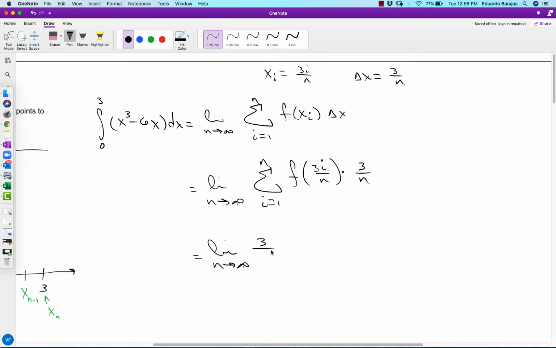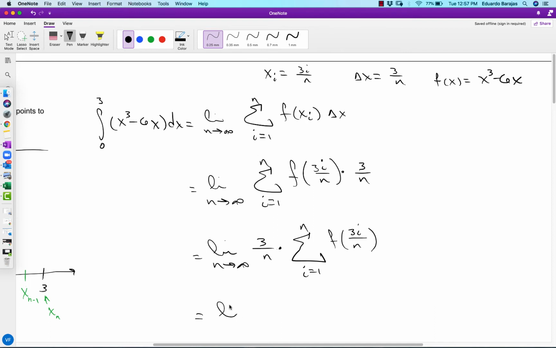So this would be equal to 3 over n times, and now the Riemann sum as i goes from 1 to n of this function, f of 3i over n. Now, again, recall that here is our function. f of x is equal to x cubed minus 6x. And so this is what we use to guide us to simplify this. I'm going to evaluate this function at 3i over n.